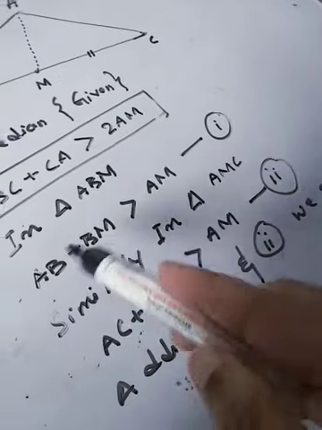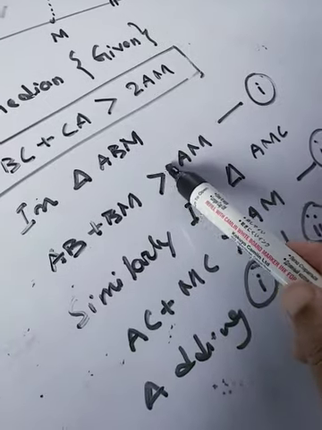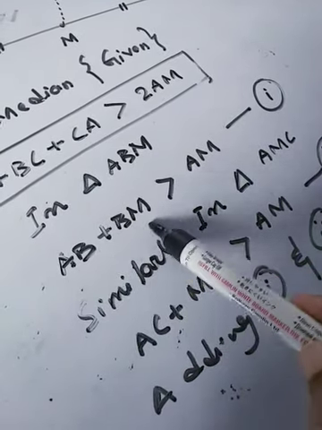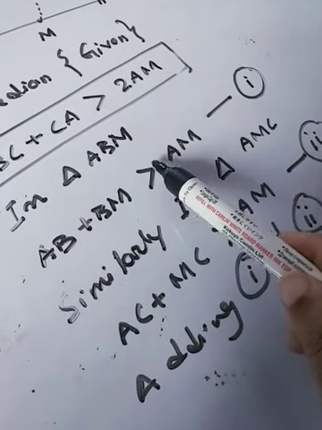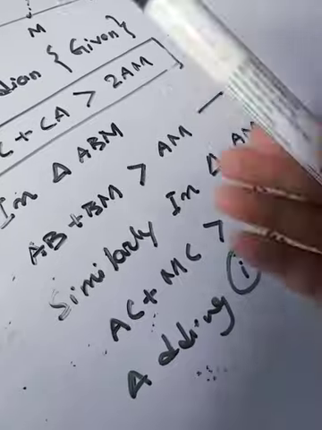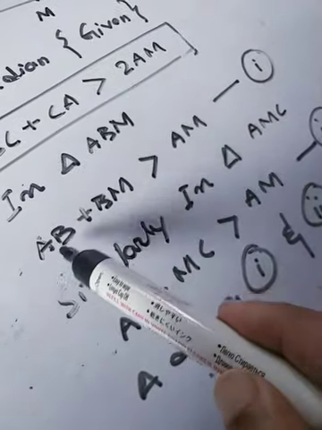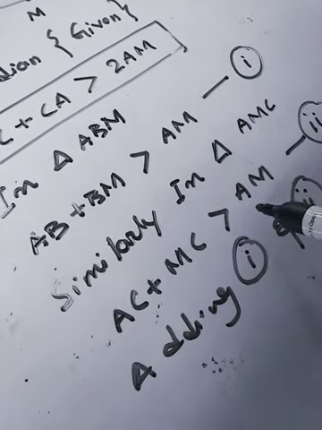Now how to add this? This is the question. You see this greater than sign: this is the left hand side, and towards the right is the right hand side. So the left hand side should be added with the left hand side, and the right hand side with the right hand side.